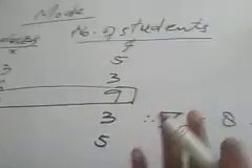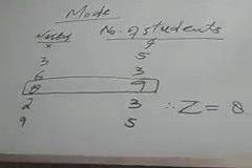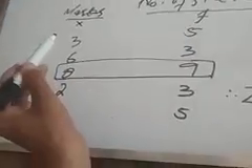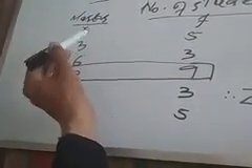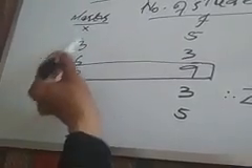This is how we calculate mode in case of discrete series, because I have already told you what discrete series means. Here the variable x, that means marks, are in discrete units, that means whole numbers. So this is known as discrete series.